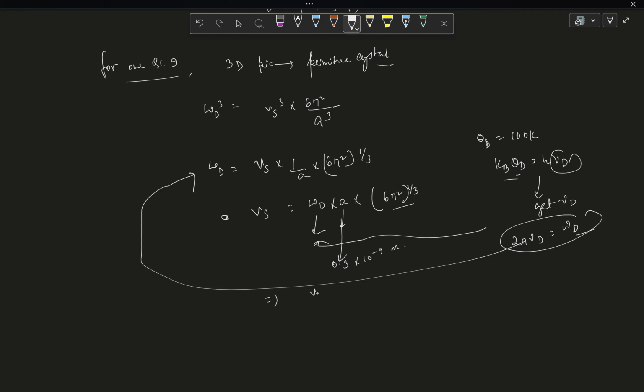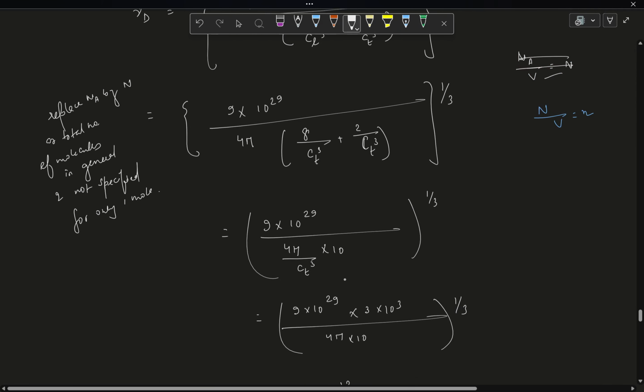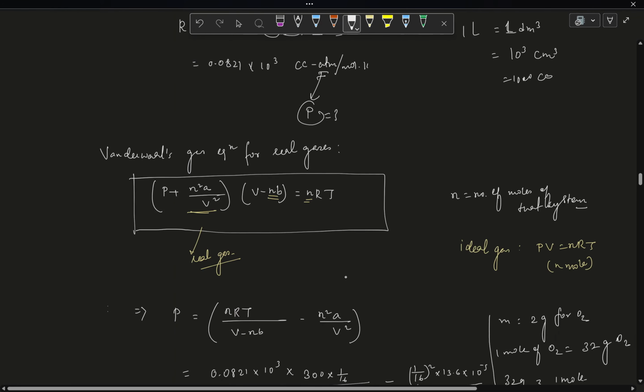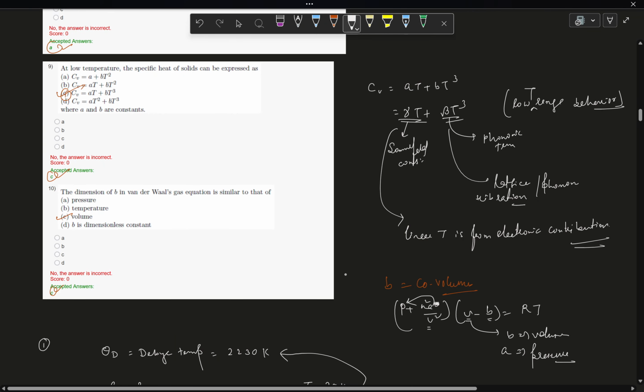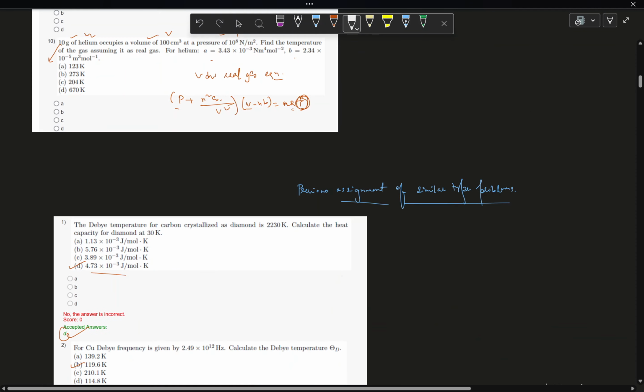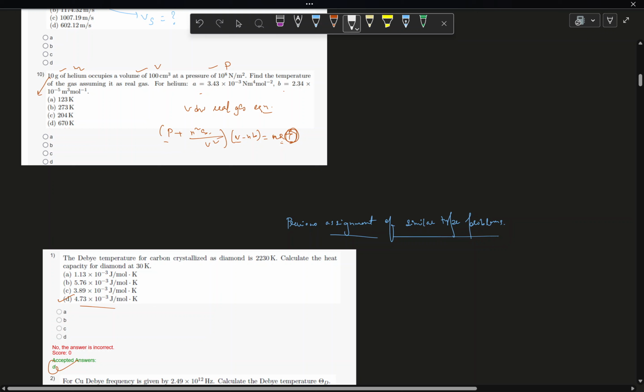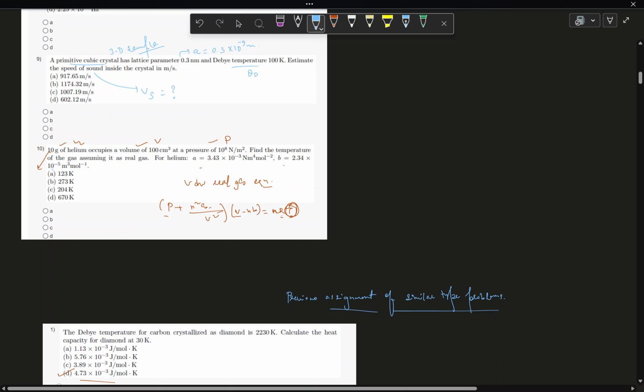So from here you will solve this and get Vs, I think it came as 1006.50 something. Because I did it roughly, I did not take out the exact solution, but you can check the exact solution from the options given, and you should also do the solution by yourself using your calculator.